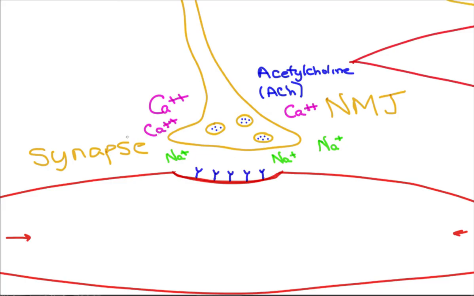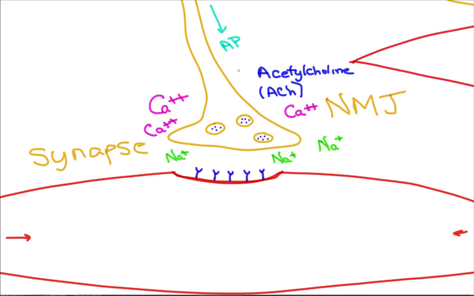So what happens is you have a special signal that comes down the neuron. It's called an action potential. That action potential is really just an electrical signal, and we're going to learn more about action potentials in the next chapter. But for now, just think of it as like electricity coming down a wire, just like electricity travels through wires in your house.